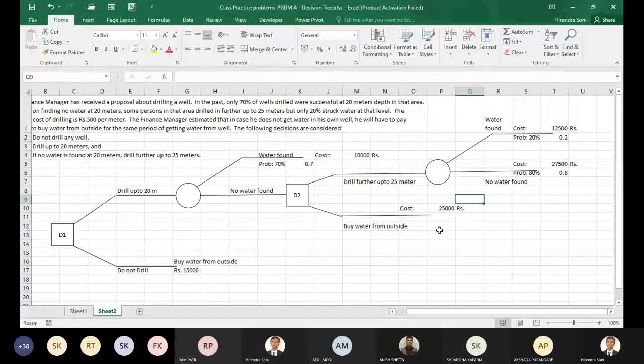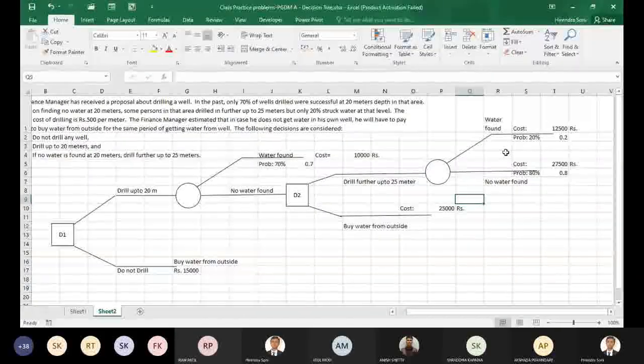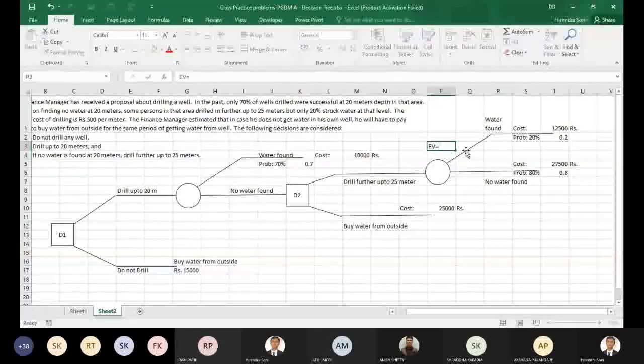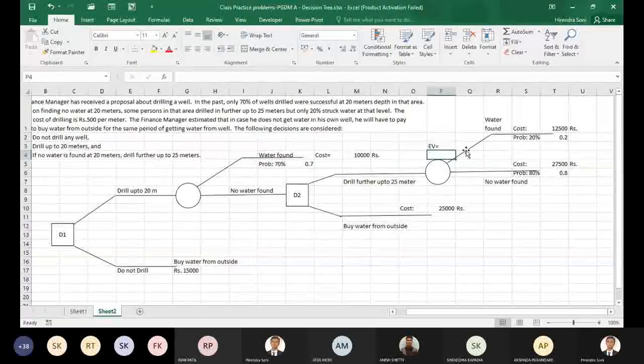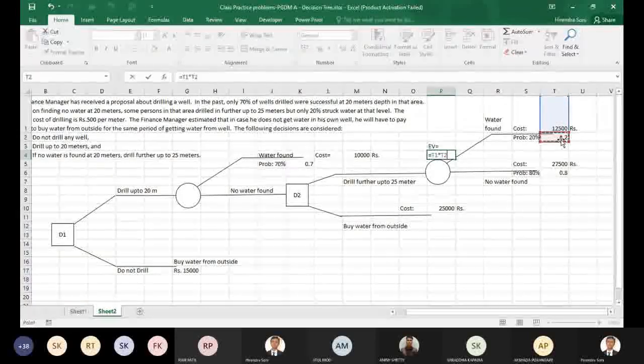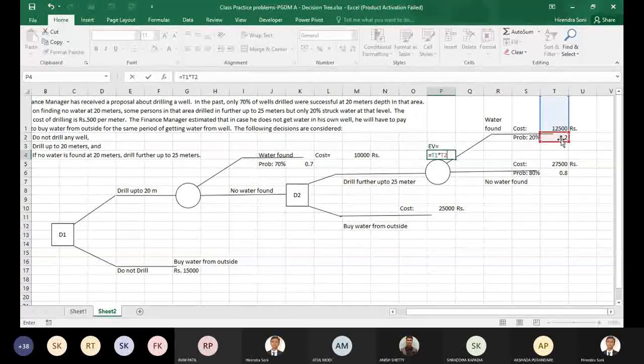Expected value at this point will be equal to how much you can earn into its probability plus how much you can earn into its probability. Okay.